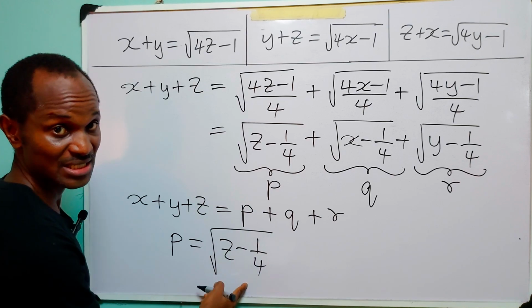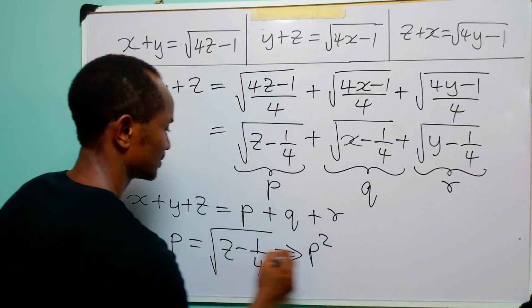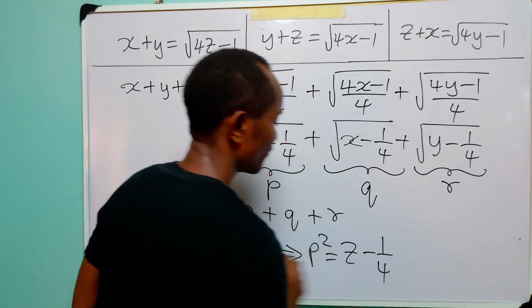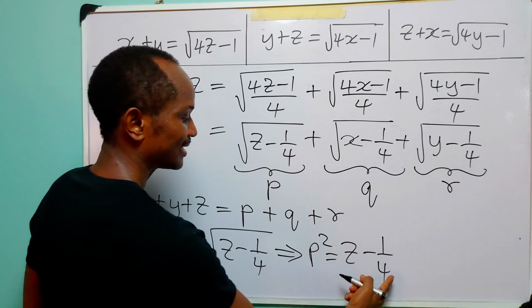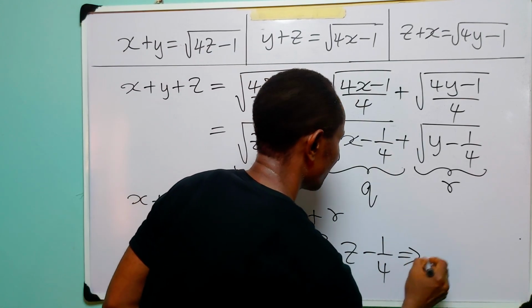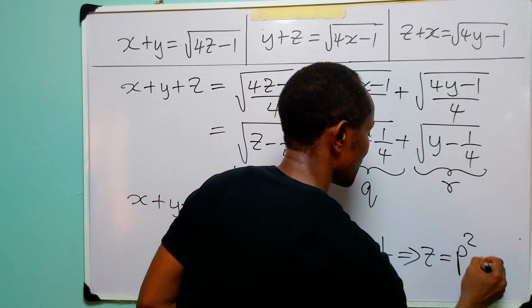Squaring both sides of this equation, we have that P squared is equal to z minus 1 over 4. And adding 1 over 4 to both sides, we have that z is equal to P squared plus 1 over 4.